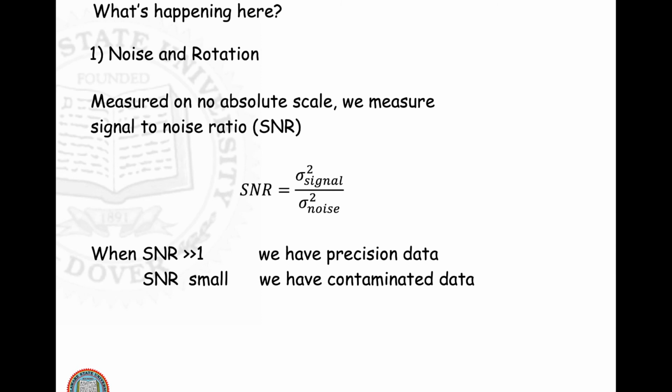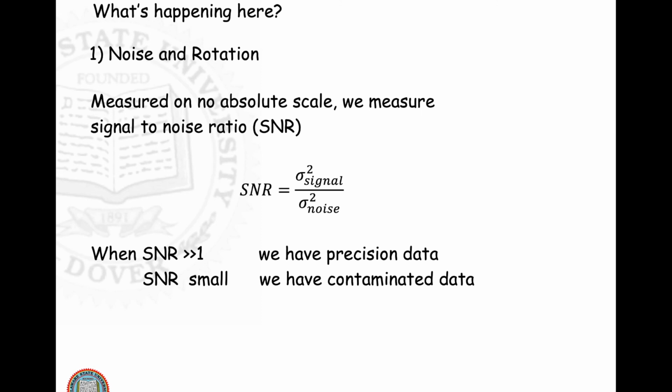Now, noise in general is measured on no absolute scale. You can measure a signal-to-noise ratio, and the signal-to-noise ratio is nothing more than the proportion of the variance of your signal, your dynamics, in this case, our motion in that x-hat direction of the mass in the spring-mass-damper system, divided by the variance of the noise.